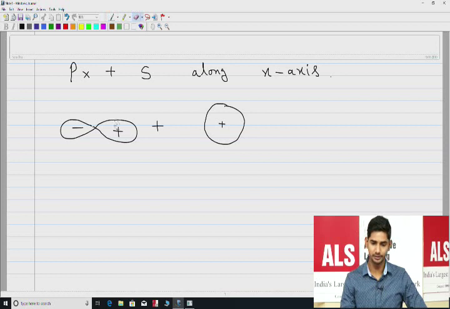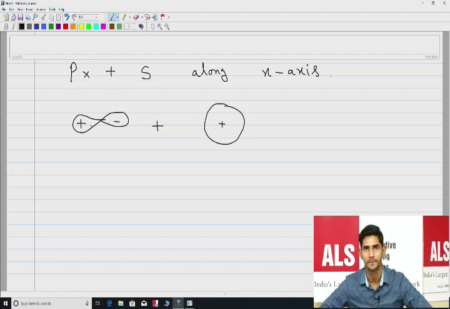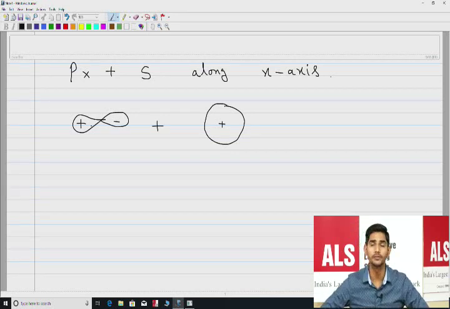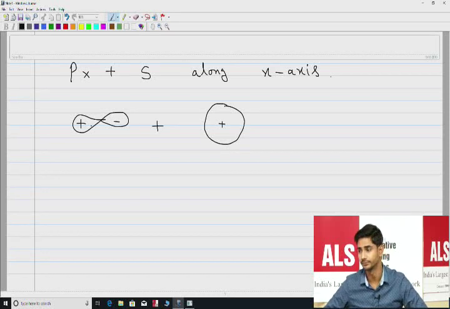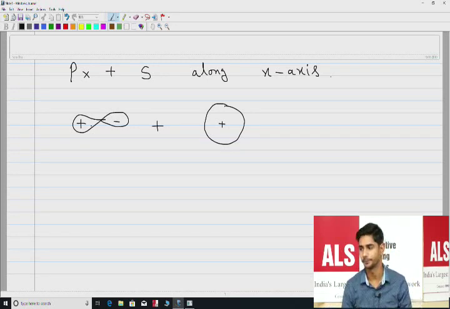But if I change this one and I write it as a positive and negative in this manner, then this one will result into what? Negative overlap over there. Okay. So positive and negative both are absolutely right answers. I was expecting that you will say the positive or negative overlap. Okay. Got it?